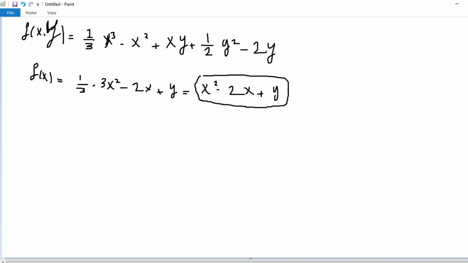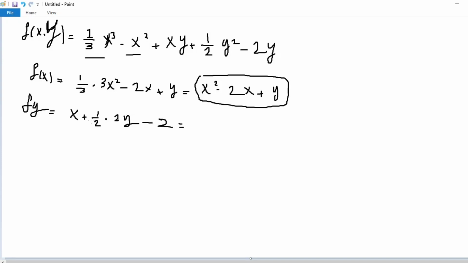Okay, so the second partial with respect to y, we get x, then plus 1 over 2 times 2y, then negative 2.